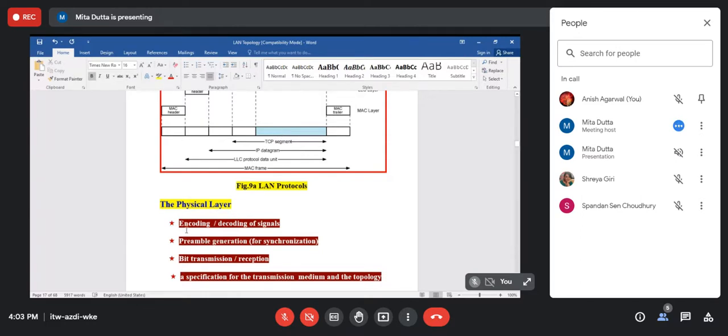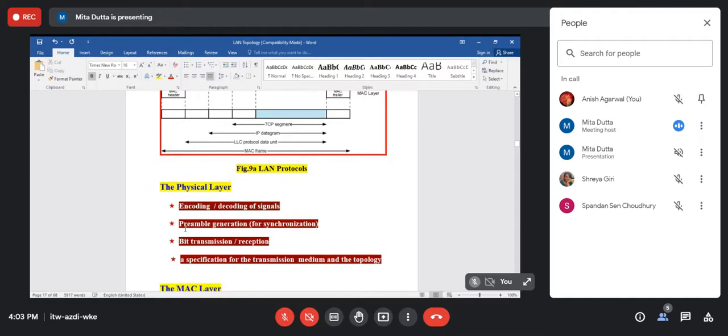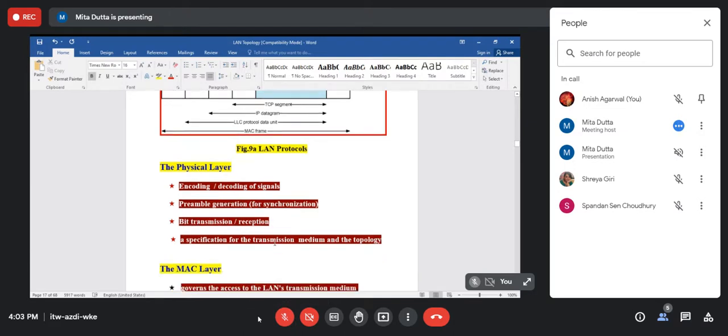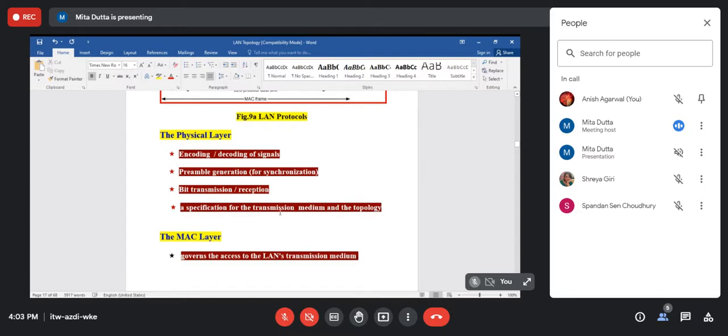So the function of the physical layer is both encoding and decoding of signals. Preamble generation is for synchronization between the transmitter and receiver, and it is responsible for bit transmission and reception, and it also specifies the transmission medium.